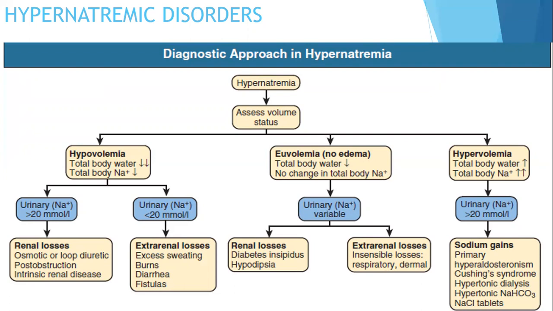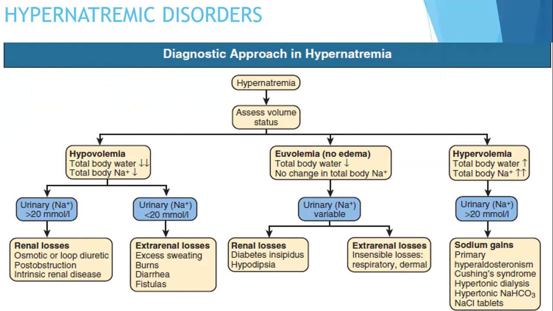If the patient is euvolemic, then it can be renal or extra-renal losses. Renal losses include diabetes insipidus or hypodipsia, whereas extra-renal losses include insensible losses through respiratory or dermal routes. If the patient is hypervolemic and urinary sodium is greater than 20, then we have to find the sources of sodium gains.